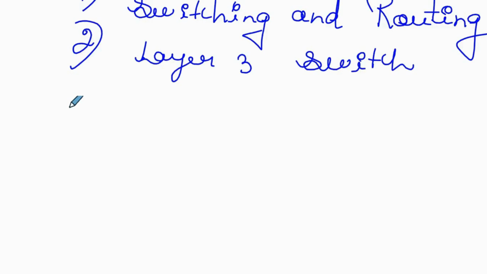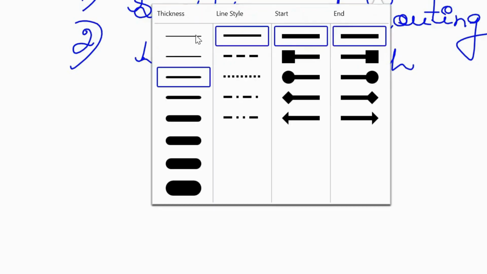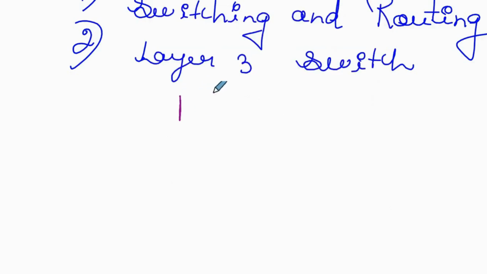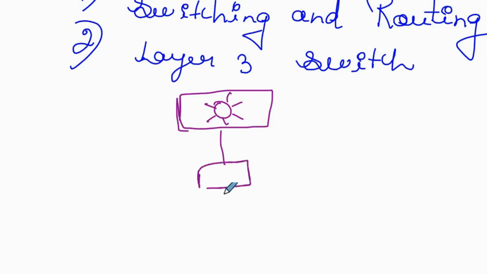But in a busy network, if all of the traffic goes to the router and back to the switch, it causes network congestion. If you see the layer 3 switch, it will be like a sun symbol here, and this is an ordinary switch.